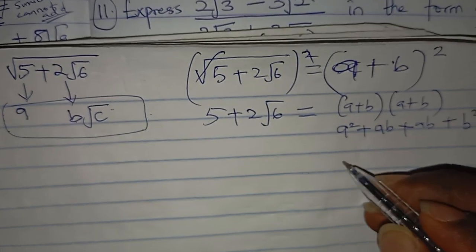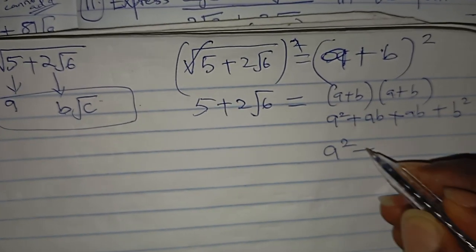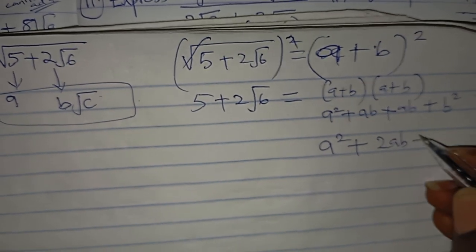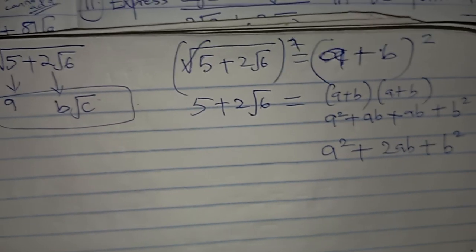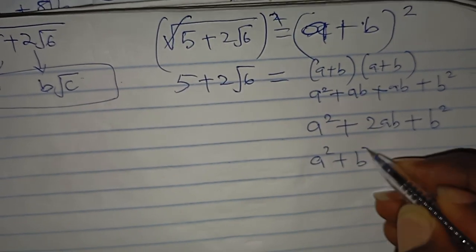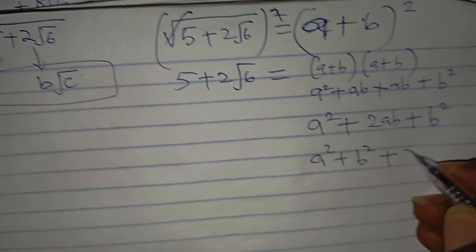You see that this is the same thing as a square plus 2ab plus b square. So this is the same thing as a square plus b square plus 2ab.